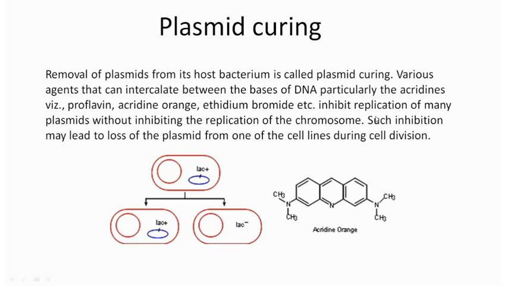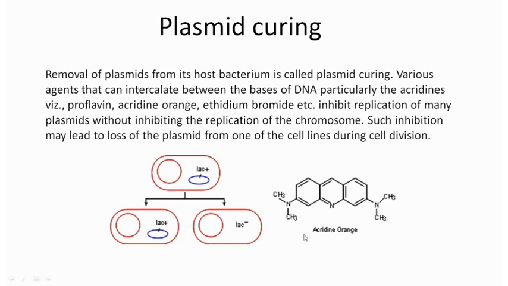This is not clear, but because of this, in the next round of cell division the chromosome replicates and moves into the two daughter cells, whereas the plasmid cannot replicate, and that's why one of these cells is lacking it. The other cell gets it from the parent because a single molecule already exists. So when this cell divides again, one line of cells will definitely be lac positive, but in the other lines the number of lac negative cells will continuously increase.